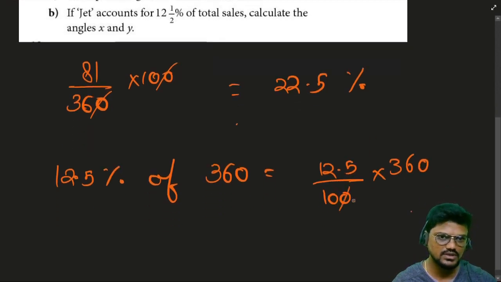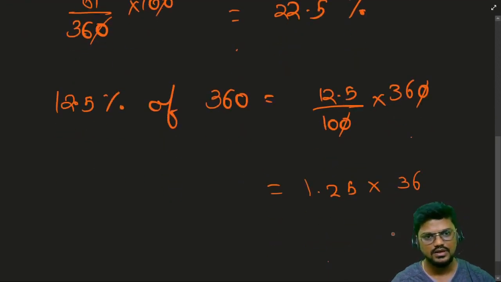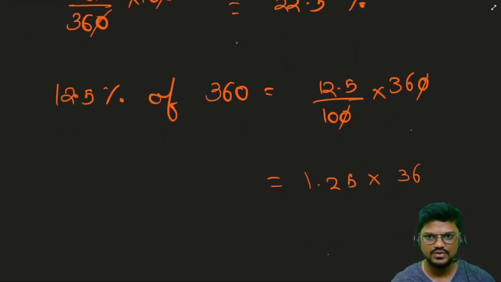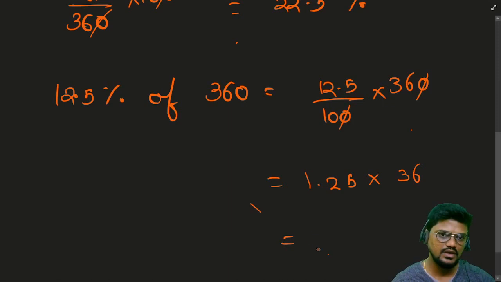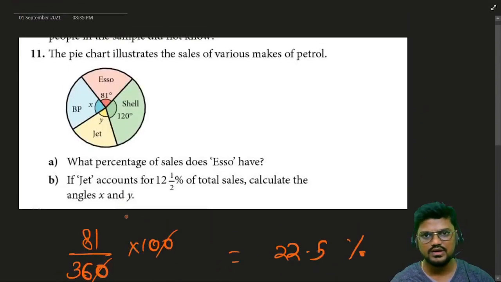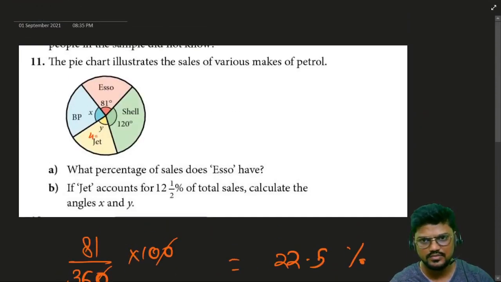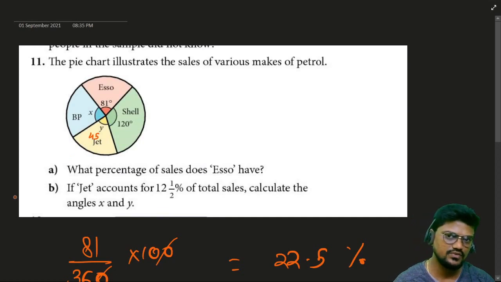The zeros get cancelled, so this will be 1.25 into 36, which is 45. So it will be 45 degrees for jet.